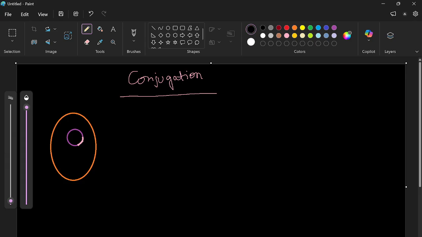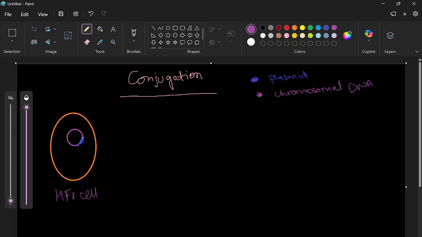Let me use a dark color so it's more clear, because it's not distinguishable. Blue is the plasmid and purple is the chromosomal DNA. Okay, so this one is the HFR cell.